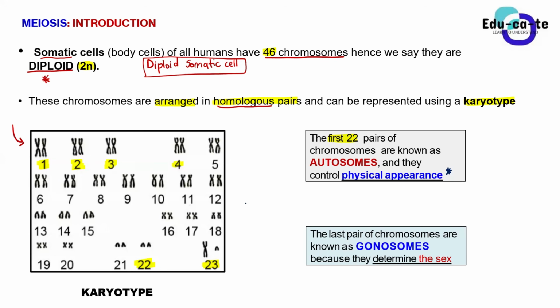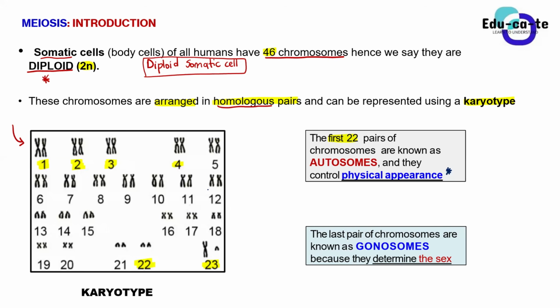So the autosome is the one that actually made Sam develop a brown eye color. I have got a black eye color, so it means that physical appearance is being controlled by one of these 22 pairs. You may never know which one, but basically the autosomes, or the first 22 pairs of chromosomes, are responsible for controlling the physical appearance, which is how you look.